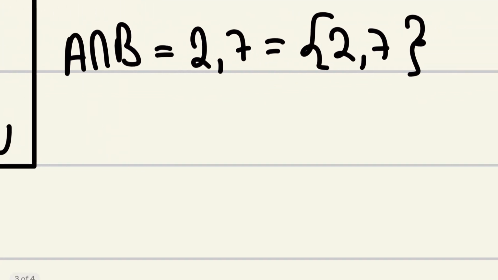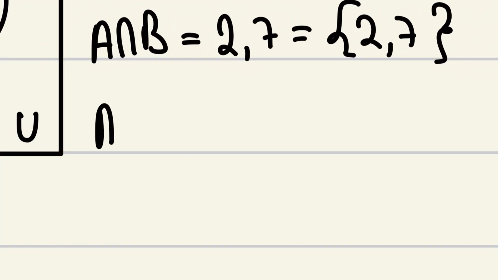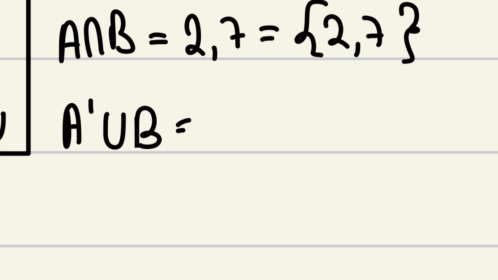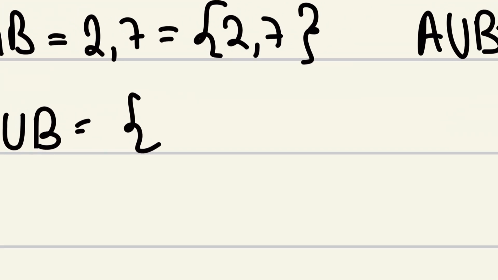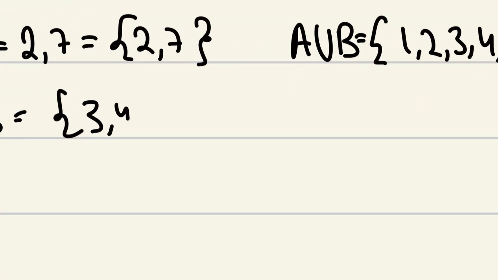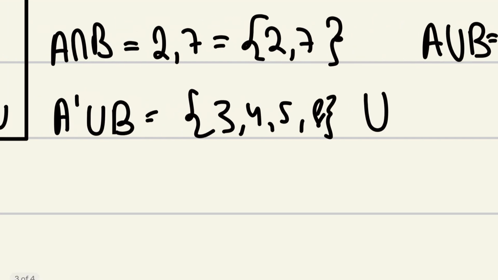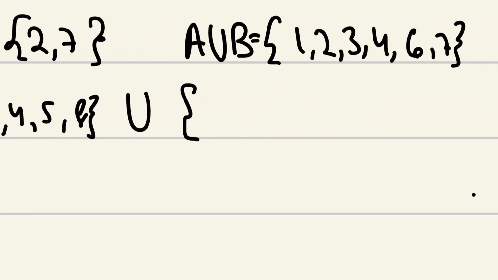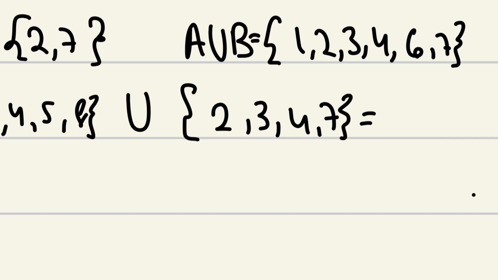Let's look at an example where the complement is not in the bracket. So that's A complement or B. Then we would be looking at everything that's not in A, and then also B. So that is 3, 4, 5 and 8, or everything that's in B, so that's 2, 3, 4 and 7.